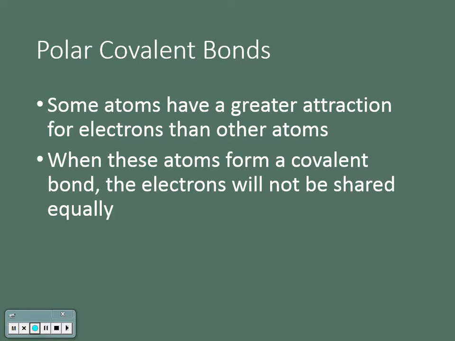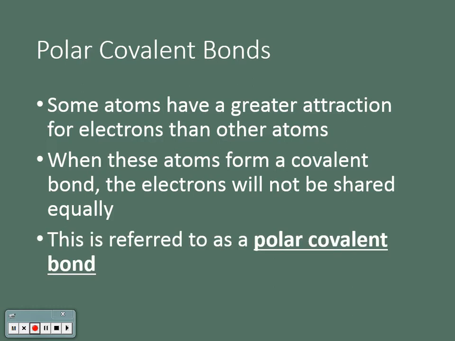And that's going to make one side of the molecule a little bit different than the other side of the molecule. That's what we call a polar covalent bond, where we have that sharing but that uneven sharing.